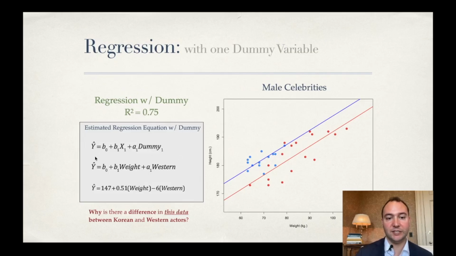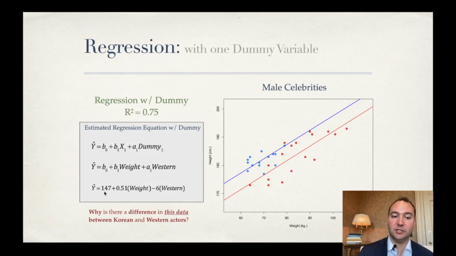And let's look at our equation. Our equation is intercept plus beta 1 times weight plus A, some other coefficient related to our dummy variable. All right, so what is our dummy variable? It's whether the actor is Western or non-Western. In this case, we can restate our equation as follows.